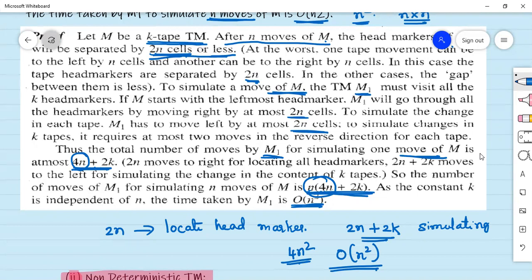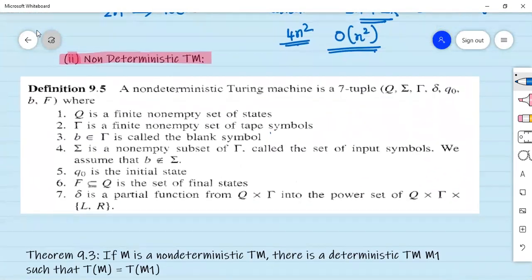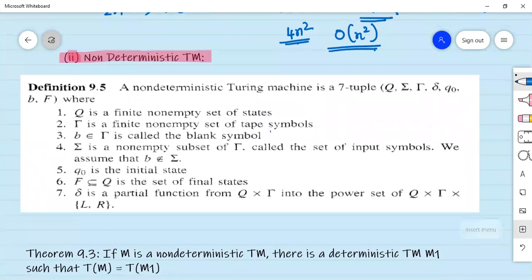I hope this is clear. So we were talking about two variants. The first variant is the multi-tape Turing machine. The next variant is the non-deterministic Turing machine. Everything else remains the same. The definition of Q, tau, B, sigma, Q naught, F, all of these are the same. What is different here is that delta is now a partial function.